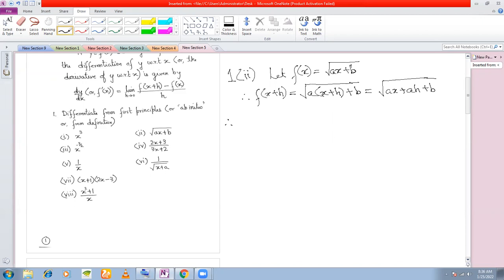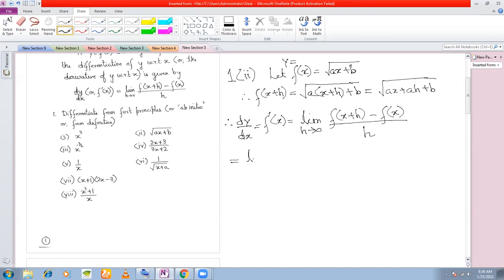And what is the definition of dy/dx? Call this y is equal to f(x) is equal to this. Therefore, dy/dx is equal to f dash x. And what is the limit definition of differentiation? Limit h tends to 0, f(x plus h) minus f(x) divided by h. Okay.